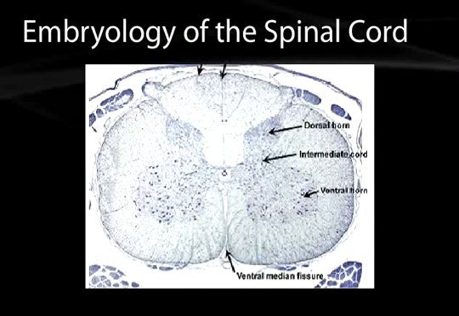So what we're going to talk about right now is the gray matter of the spinal cord. It's divided into the dorsal horn and the ventral horn on both sides. There is an intermediate cord, but the most important thing is to think about the dorsal horn and ventral horn, dorsal being sensory and ventral being motor.